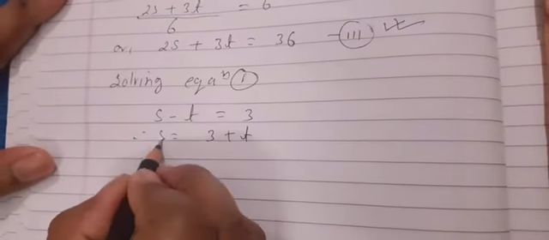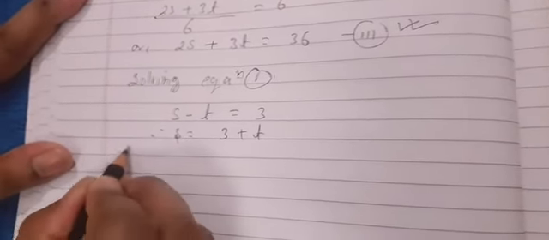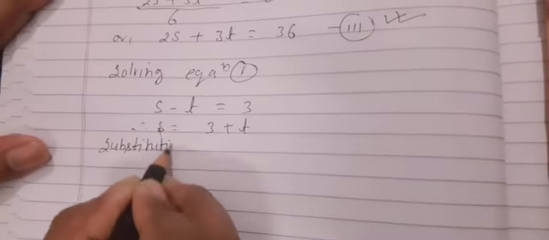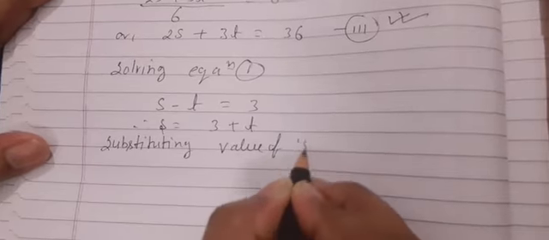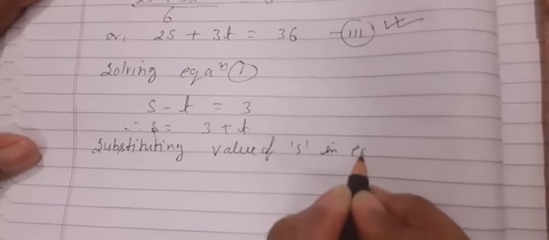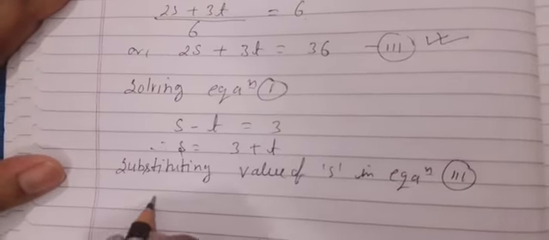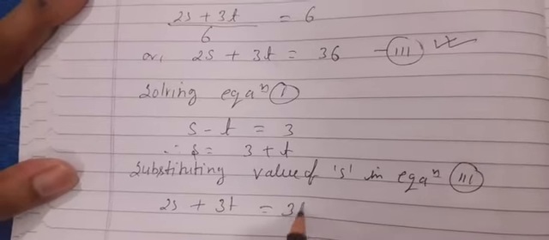Okay, now we will substitute this value in this equation. So we will write, substituting value of s in equation 3. So first of all we'll copy equation 3: 2s plus 3t is equal to 36.